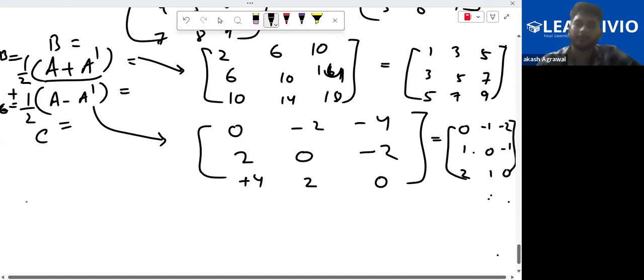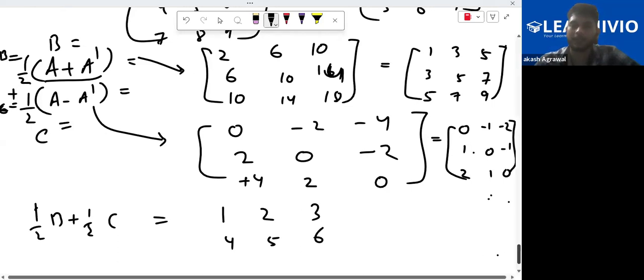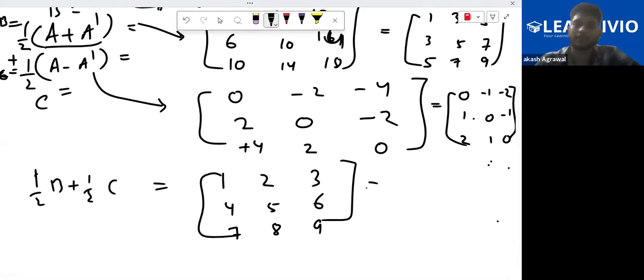And then if we add them up, half of B plus half of C is equal to 1 plus 0 is 1, 3 minus 1 is 2, 5 minus 2 is 3, 3 plus 1 is 4, 5 plus 0 is 5, 7 minus 1 is 6, 5 plus 2 is 7, 7 plus 1 is 8, 9 plus 0 is 9. So you can see this is back to the A matrix. Okay. So hence we can see that we have expressed A as the sum of a symmetric and skew symmetric matrix.